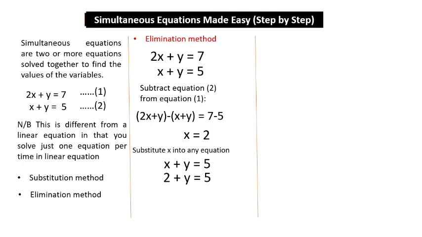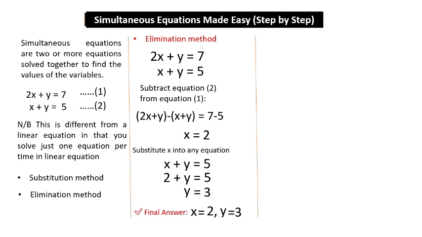To find the value of y, you collect like terms. You take the 2 across the equal sign, and you are left with y on the left-hand side. So y equals 5 minus 2, which equals 3. This is the value of y in this simultaneous equation. So the final answer is x equals 2 and y equals 3.